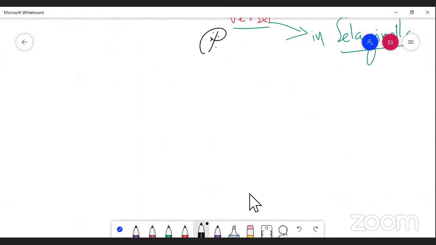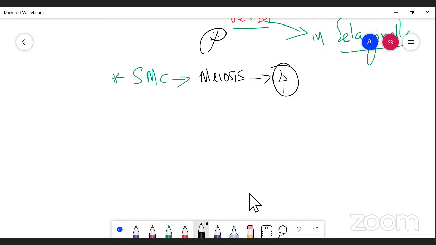One more thing I would like to mention: in meiosis, the spore mother cell, SMC, meaning sporangium mother cell, undergoes meiotic division to form four spores. It is natural. And next, the type of reproduction.